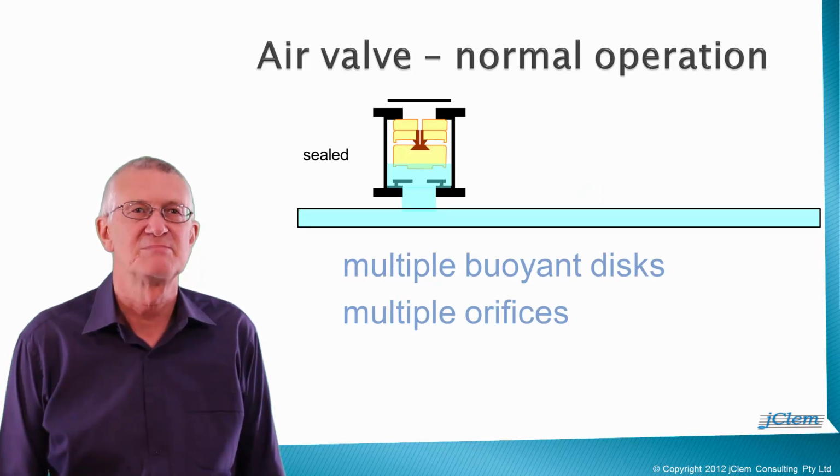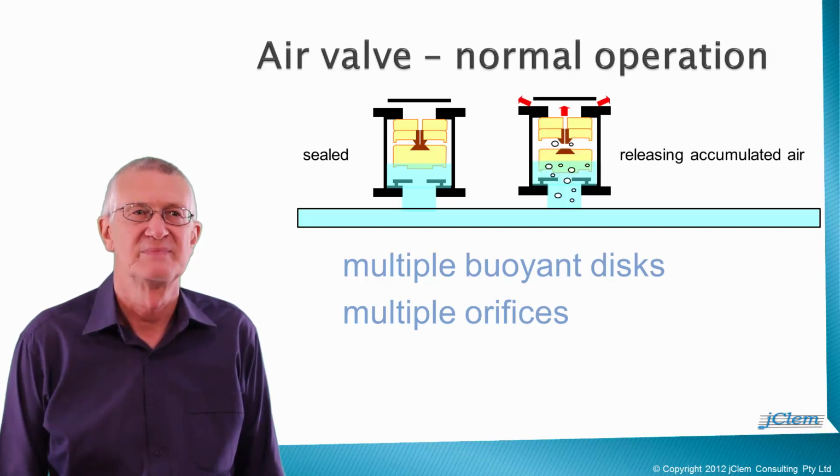In comparison, the multi-disc design is typically built with 3 discs, each designed to perform a different function within the air valve. These valves are far more flexible in operation because they have multiple orifices which can discharge air at different rates. As small amounts of air accumulate in the valve, it affects the buoyancy of the bottom disc in the valve.